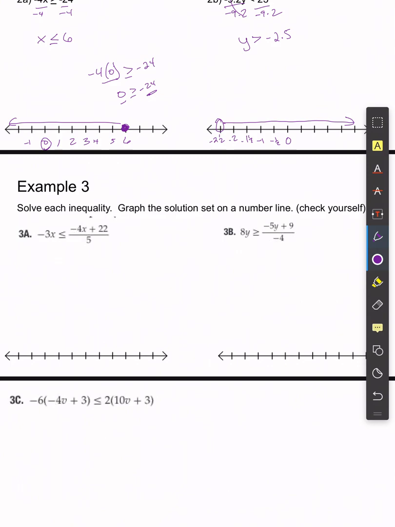But notice I have x's on both sides here. So if I'm going to solve 3a, I could divide both sides by negative 3. That's the same exact thing as multiplying by negative 1/3, right?